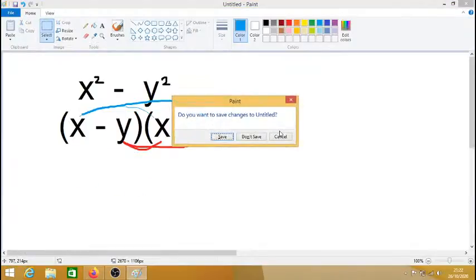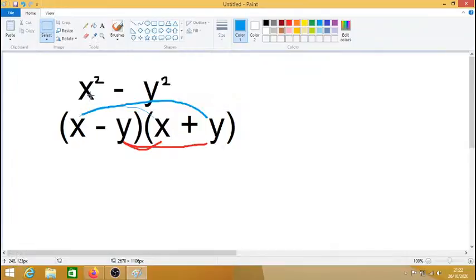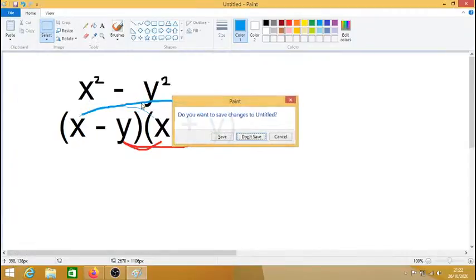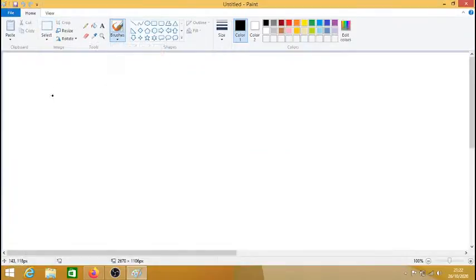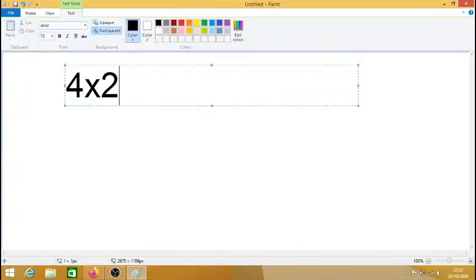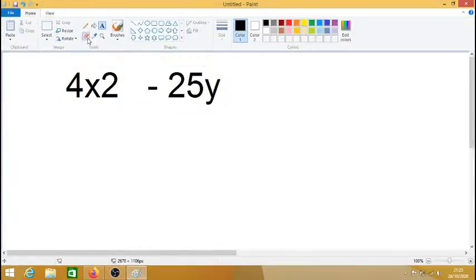Okay, let's try just going one level higher, and let's throw in letters and numbers as well. Let's go with something like 4x squared take away 25y squared. Needs to be a square, sorry.